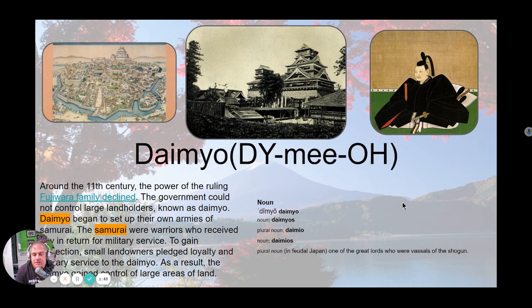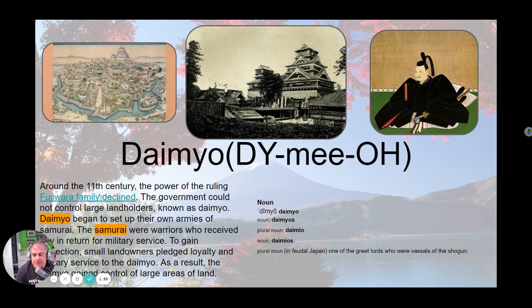All right, first of all, let's look at what a daimyo is. A daimyo is a large land owner. It's somebody who owns, in Japan, a lot of land. We talked about at the end of our last Heian Kyo lesson that there was some instability, and these large landowners started actually having more power than the emperor and were fighting with each other.